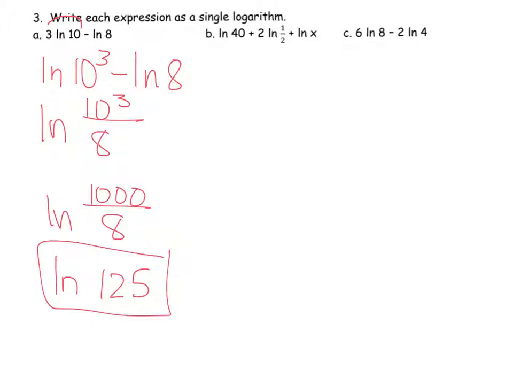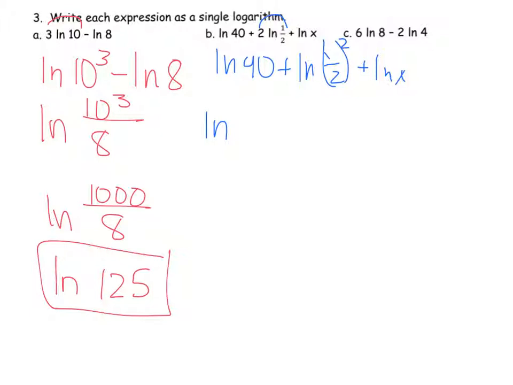On example 2, we're going to go ahead and do the same type of thing. We have natural log of 40, which we can't do anything with yet. We're going to move our 2 so that we have plus natural log of 1/2 squared plus the natural log of x. And now since this is addition, I can go ahead and be multiplying these.